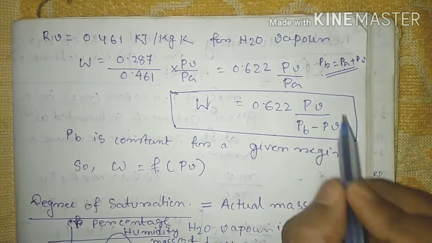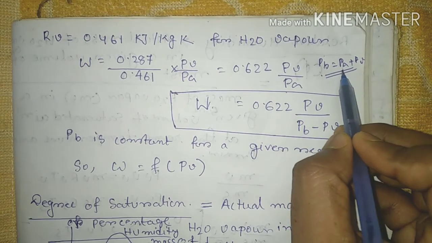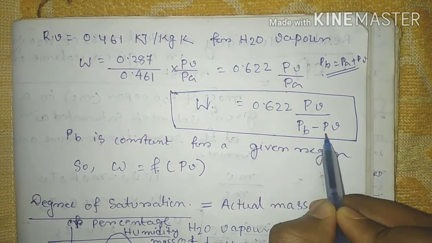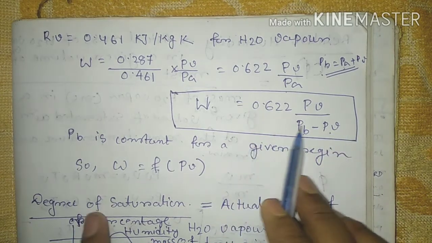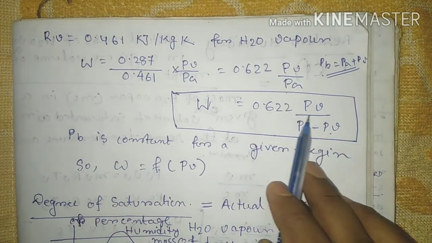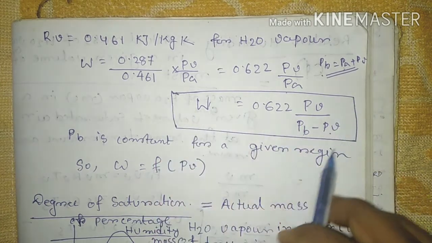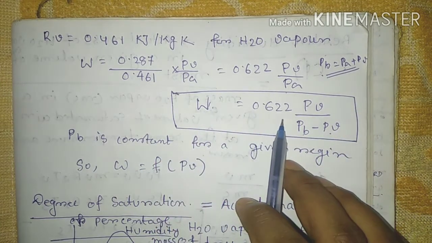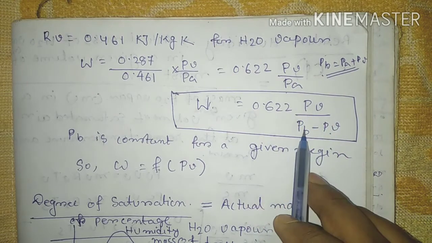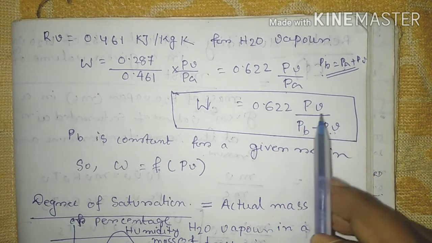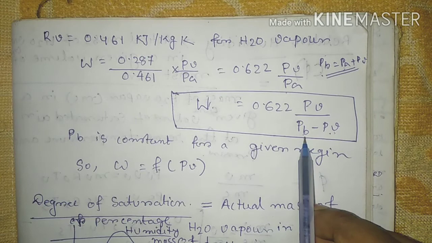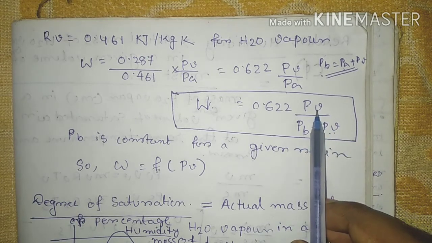As you know, PB is the barometric pressure, which is constant. So in this equation, W is equal to 0.622 PV by PB minus PV. PB is the barometric pressure given by the reading, and PV is the water vapor pressure present.